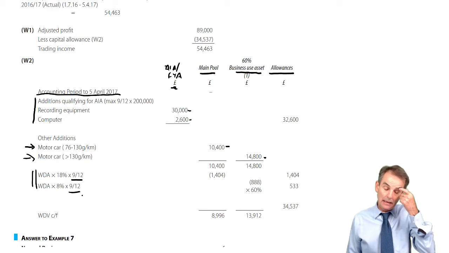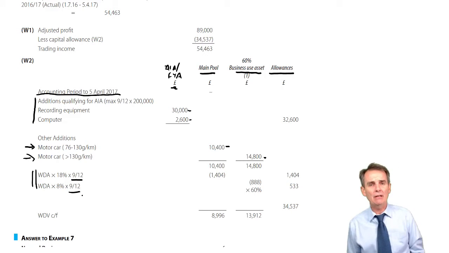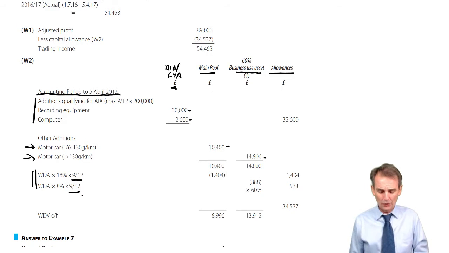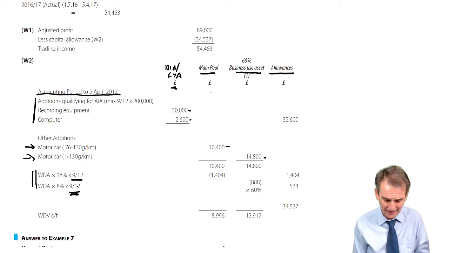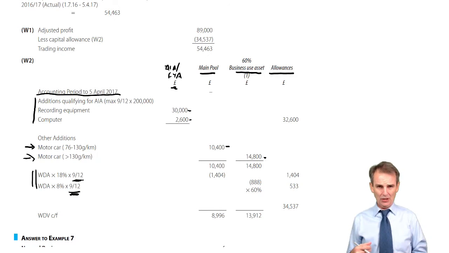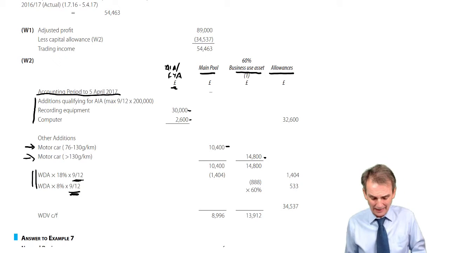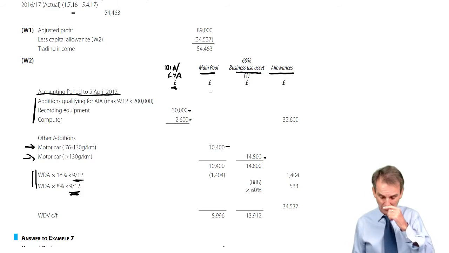What is relevant here is not when the particular car was purchased, whether that was the first day, 1st of July 16, or the last day, 5th of April 17. All that matters in this time apportionment is the length of that opening accounting period. It is 9 months, so irrespective of the date of purchase within that basis period, it's 9 months worth of allowance. So we calculate the 9 months worth of allowance.